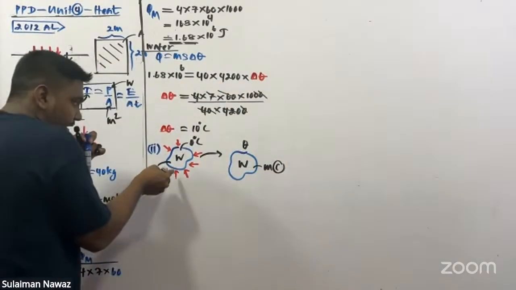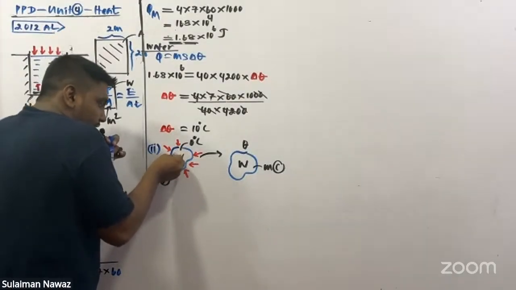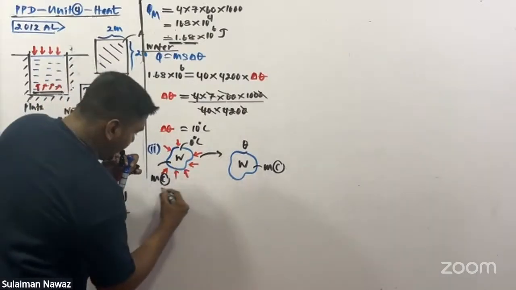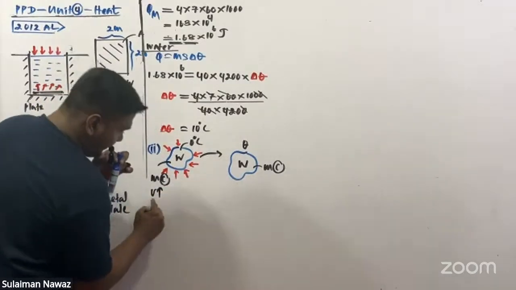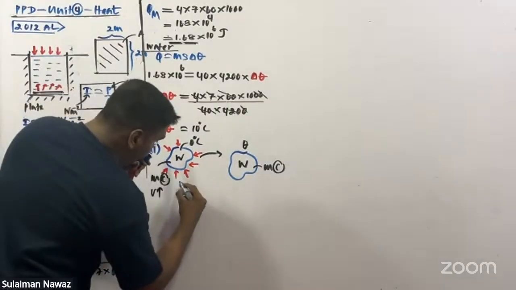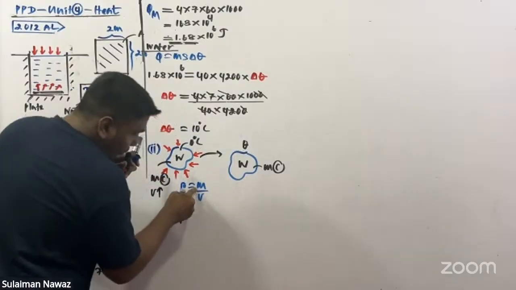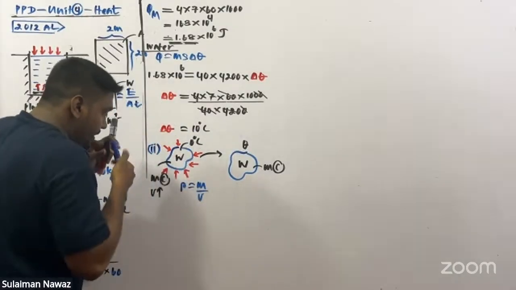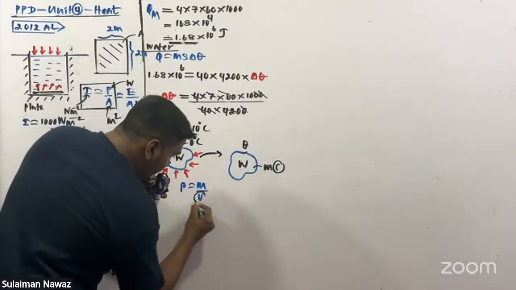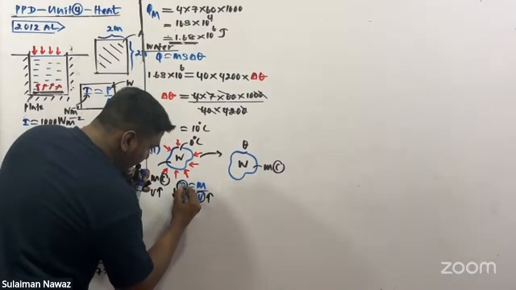But we know that when water absorbs heat, it undergoes expansion, so the volume increases. Density means mass over volume. Even though mass remains constant, when volume increases, the density of the water decreases.